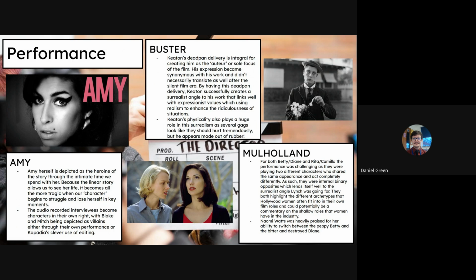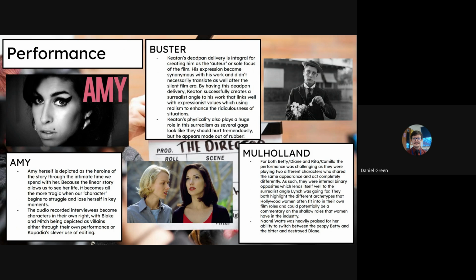And then finally for Mulholland Drive, both Betty and Diane and Rita and Camilla, the performance was very challenging as they were playing two different characters who shared the same appearance but act completely differently. So they're almost internal binary opposites and lend itself well to the surrealist angle that Lynch was going for, that these two people are played by the same actress but are two different characters.